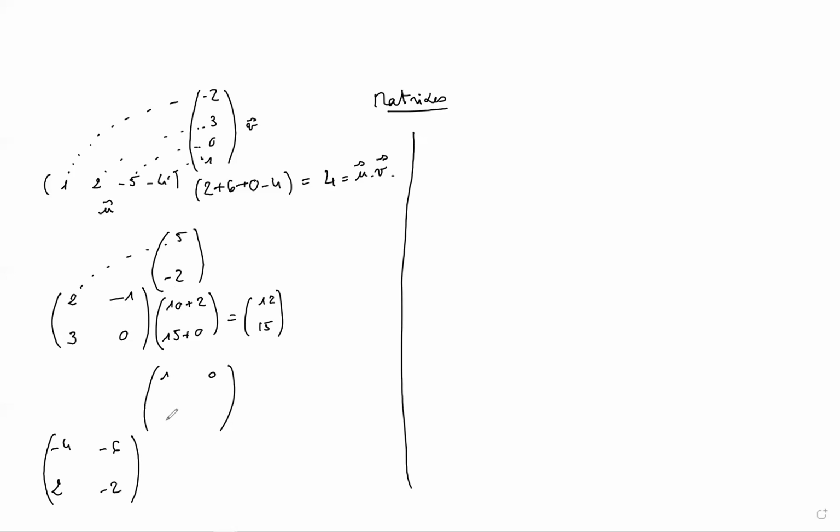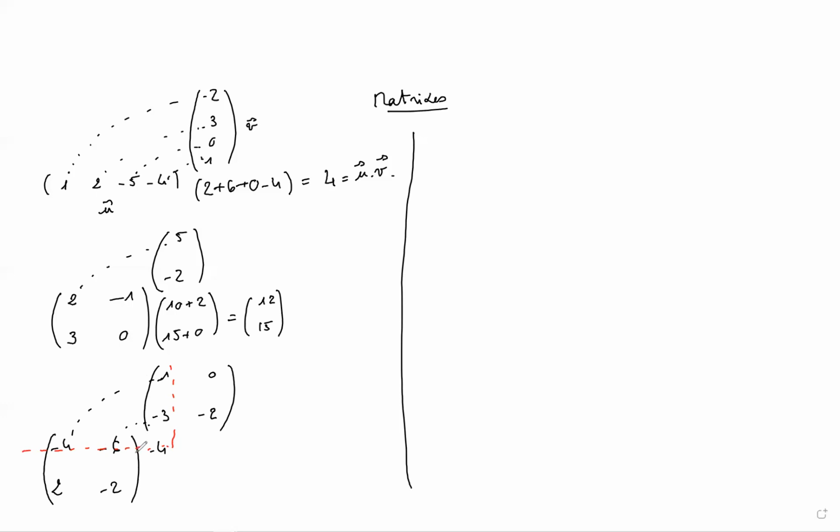1, 0, minus 3, minus 2. I'll multiply this times this, so I'll get minus 4, and this times this. So when I multiply this line times this column, I'll get this number here.